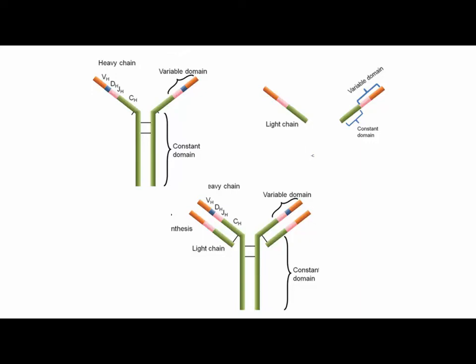One is the heavy chain. The other is the light chain. Okay? So here you see the heavy chain of antibody, and here you see the light chain. And what happens is the two come together to form immunoglobulin.